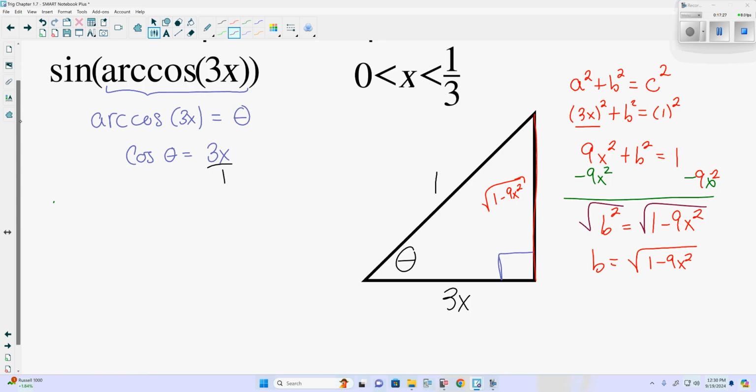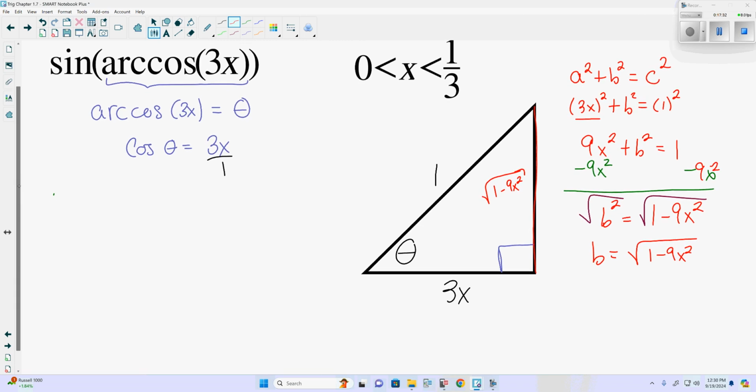Okay. Questions on anything we've done so far? We understand how we set the triangle up, yes? Now this triangle, this angle, is representative of this statement here, yes? Well, we're taking sine of that same angle.